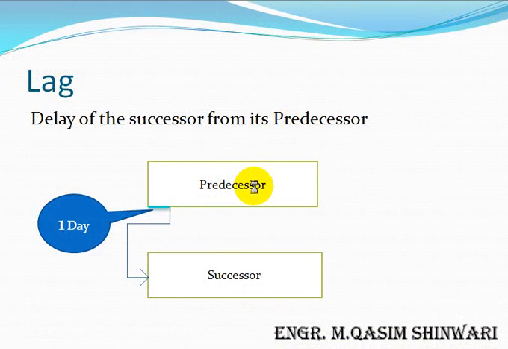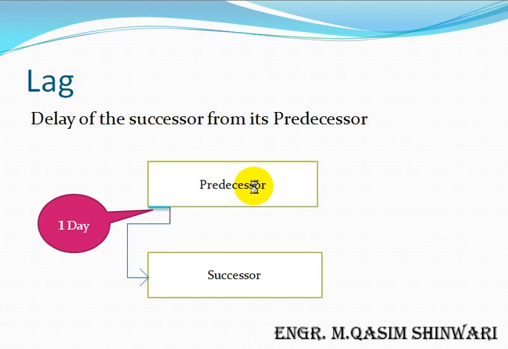Lag is actually the delay of the successor from its predecessor. For example, you can see that when predecessor starts, after one day the successor is started. You can see that there is a lag of one day. This gap is known as lag. So we can start two activities simultaneously, but giving a lag of one day or 2 days as it needs.